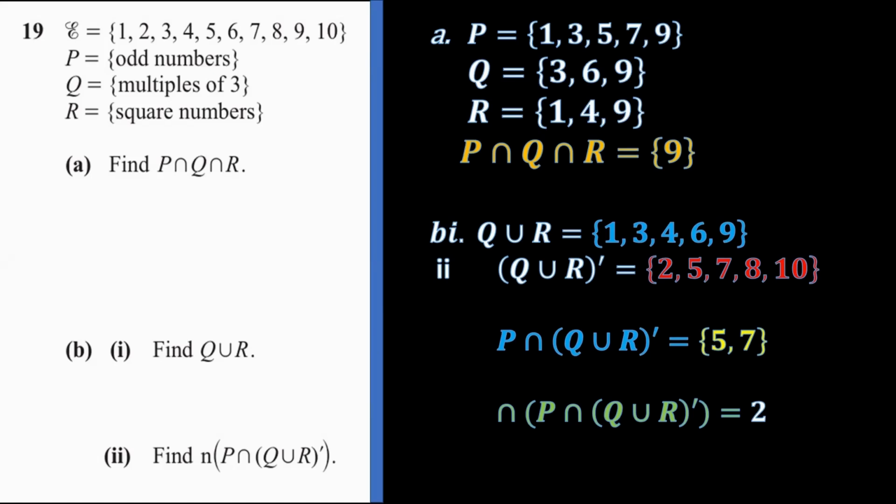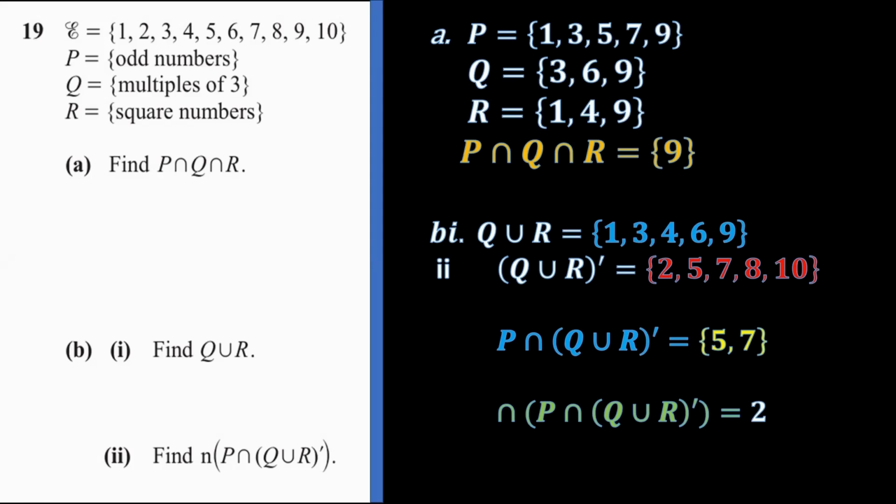Again, we know what Q union R is. We have worked it out in BI, so we know. But what is the complement of this? The complement of Q union R will be the elements in the universal set that are not in set Q union R.